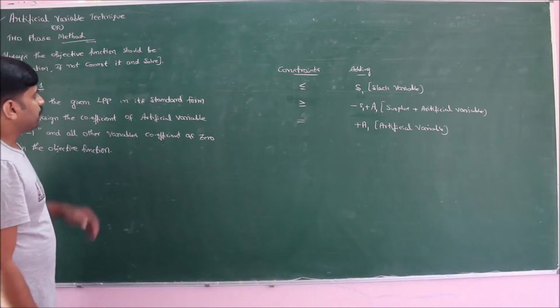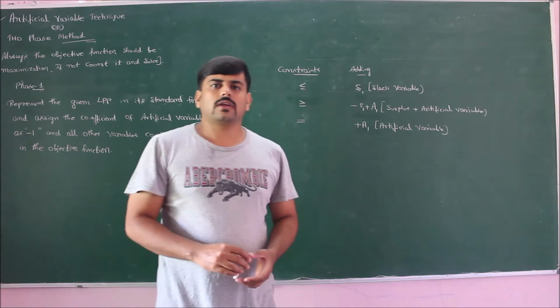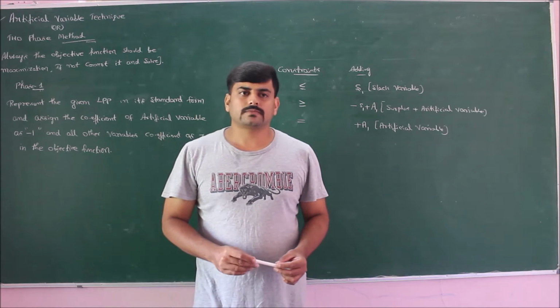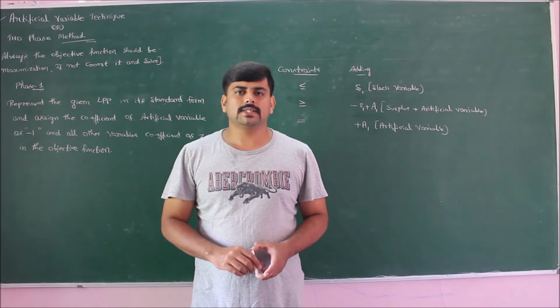Very important. In a given problem, it will be giving the coefficient for the variables x1 and x2, but in phase 1 we should assign it as 0 and 0.